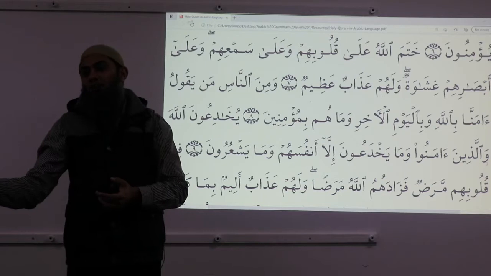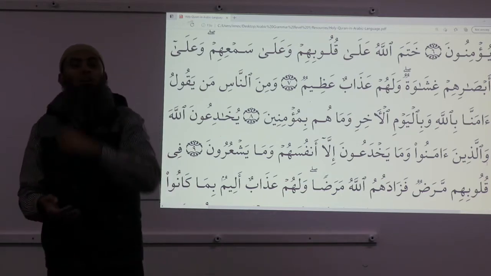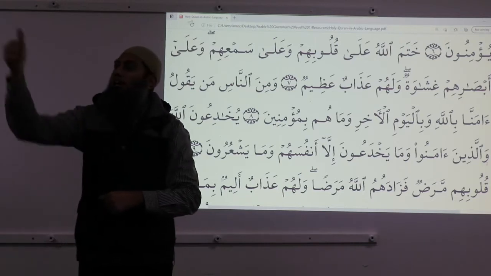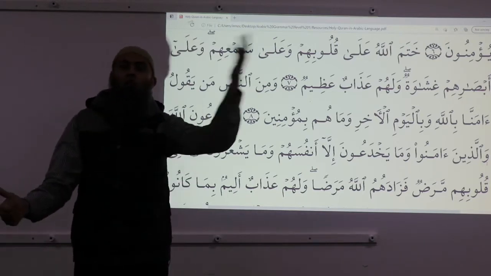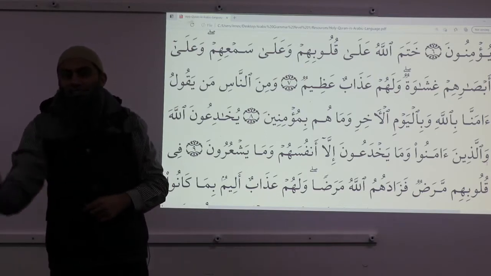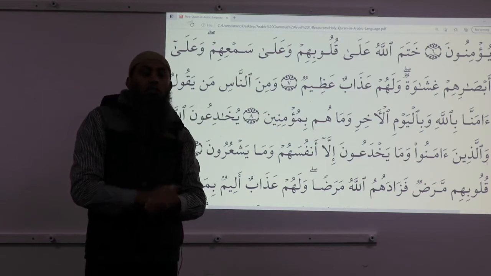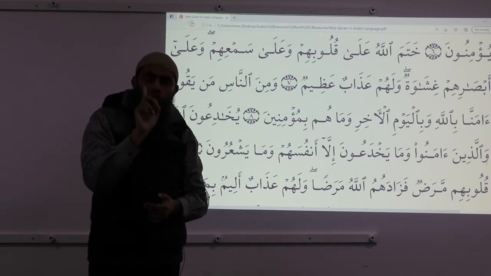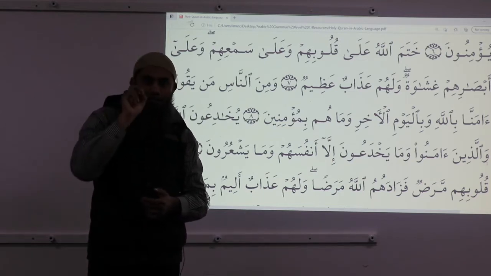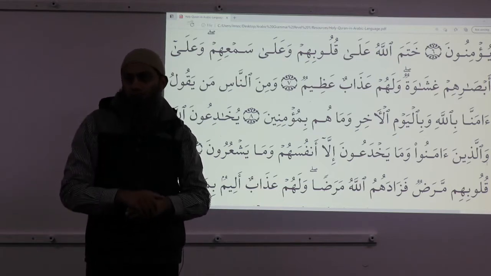So 3 words for pointing near that you need to memorize, and 3 words for far. What are the words for near? Haza, hazihi, and haulai. Far: zalika, tilka, and ulaika. Zalika is for singular, masculine, that. And tilka, singular, feminine, that. Clear?